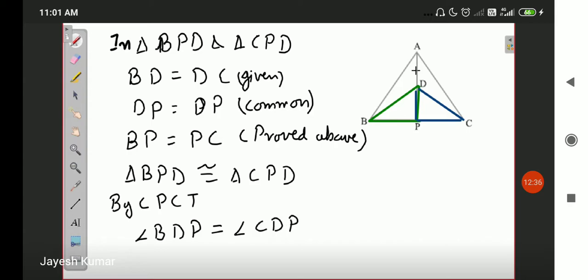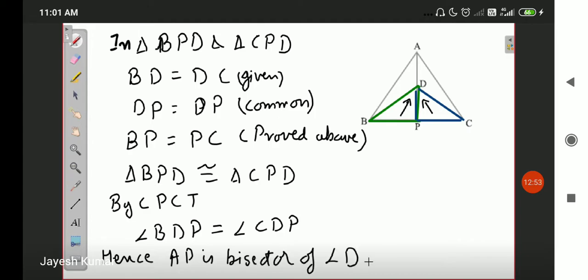By CPCT, we are stating that this angle D and this part of angle D are both equal. Hence, AP is bisector of angle D as well.